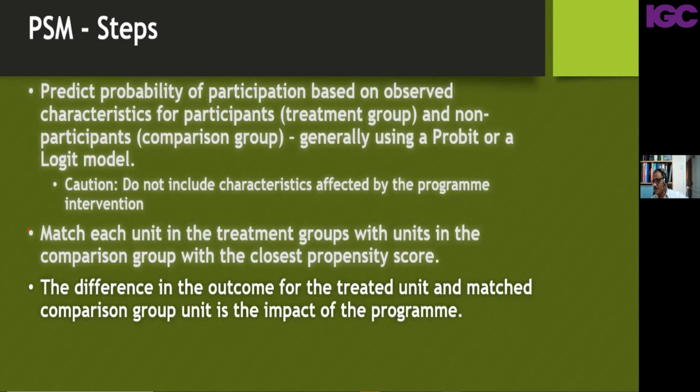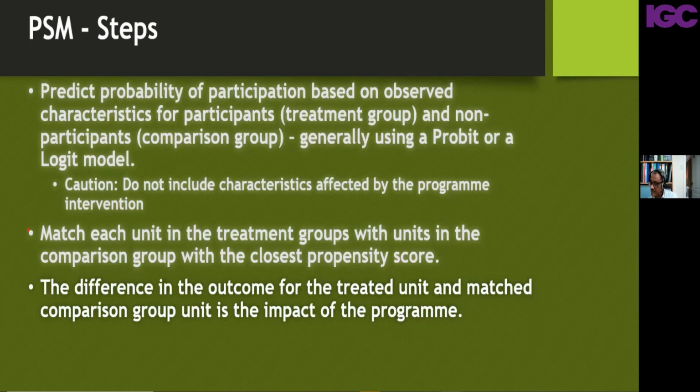So essentially what you are doing is you are constructing a propensity score, which is the probability of participating in the program. So you compare the units in the treatment group, say they have a propensity score of 0.7. That is, the probability of participating in the program is 0.7. With another unit in the untreated group or the non-participating group, which has got a very similar propensity score, say a score of 0.68 or 0.7.